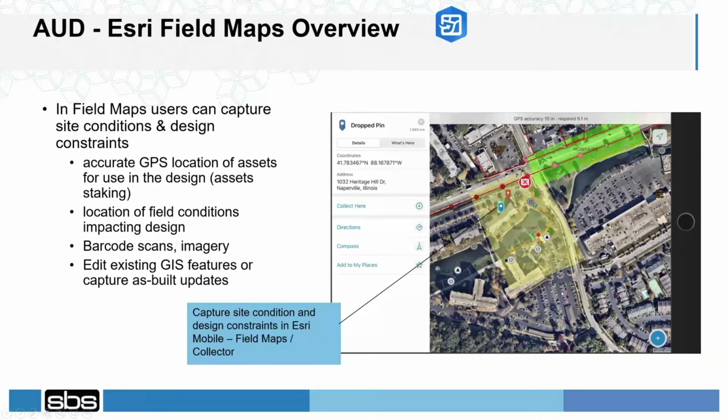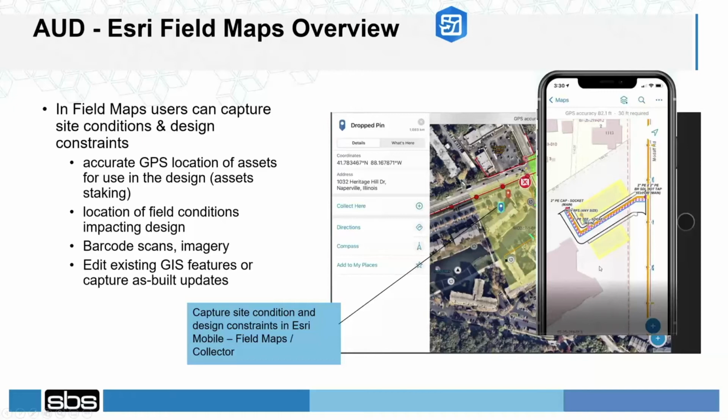In this case, you'll see a screenshot showing all the captured critical locations. That's done in Field Maps. That's another example of using published design data in an iPhone application.